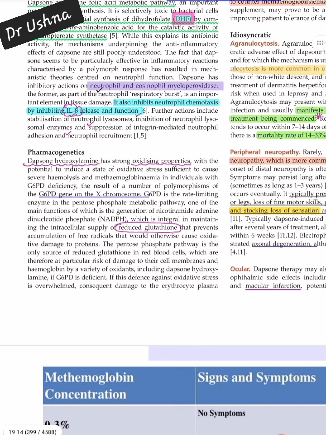NADPH is very important for the maintenance of reduced glutathione, which is a scavenger of free radicals. In the absence of NADPH, which is definitely the case in individuals who are G6PD deficient, reduced glutathione is not available, and your cells are very much prone to the oxidative stress produced by free radicals, and these cells are vulnerable to damage.